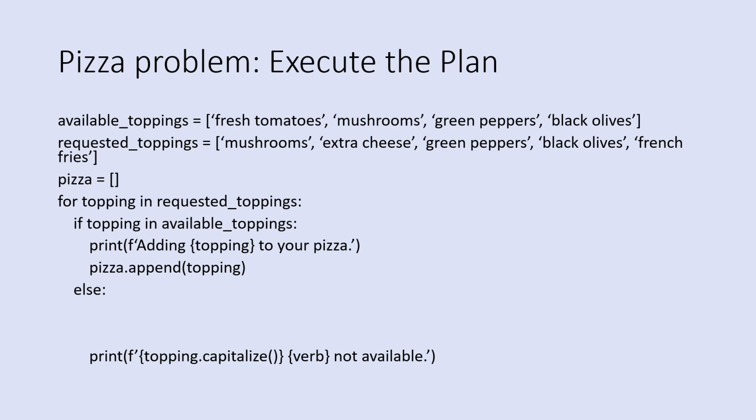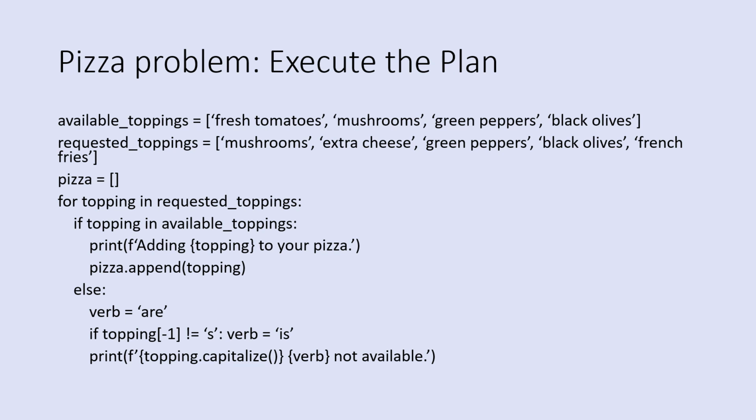Well, I don't know if most of the time, but lots of the time, the topping is a plural term. So I'm going to set the default for verb to be are. But sometimes it's a word that's not plural. So extra cheese, for example, we don't want to say extra cheese are not available. We want to say extra cheese is not available.